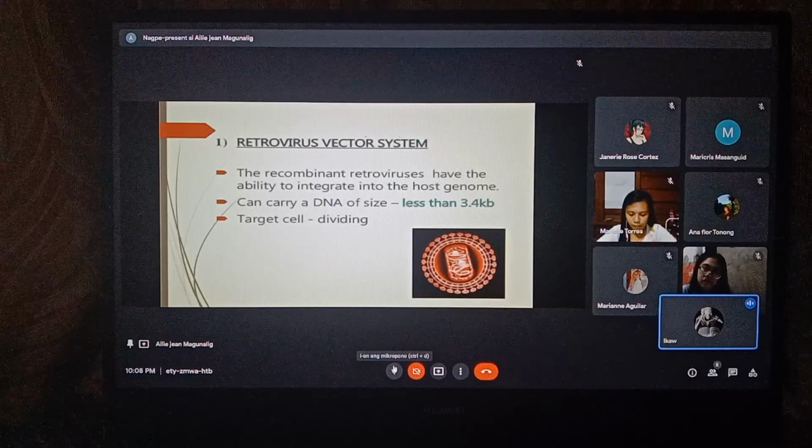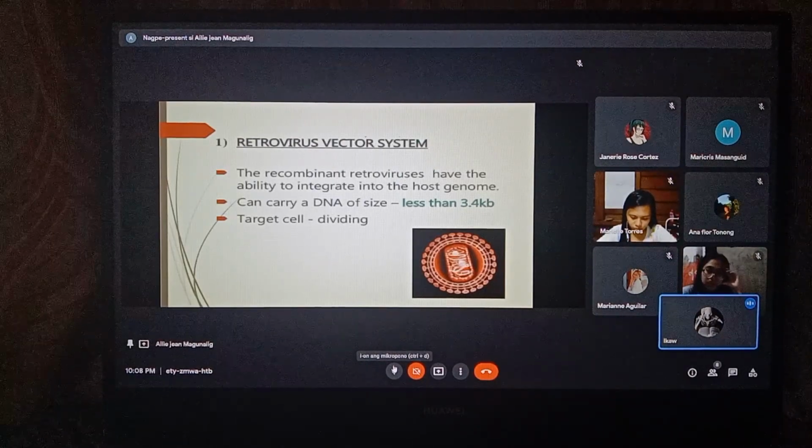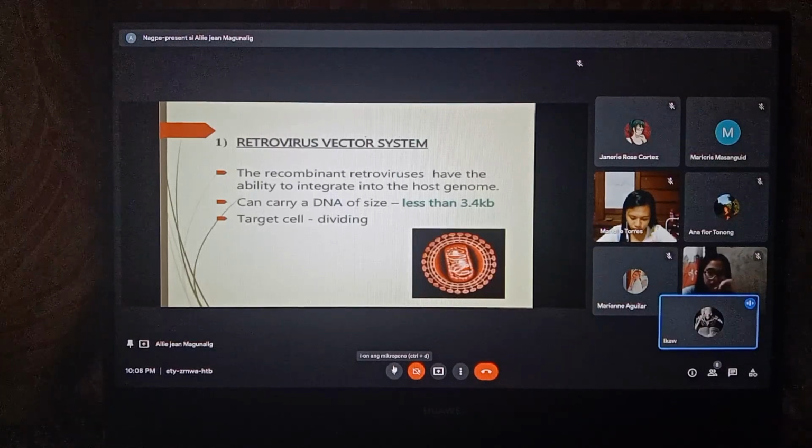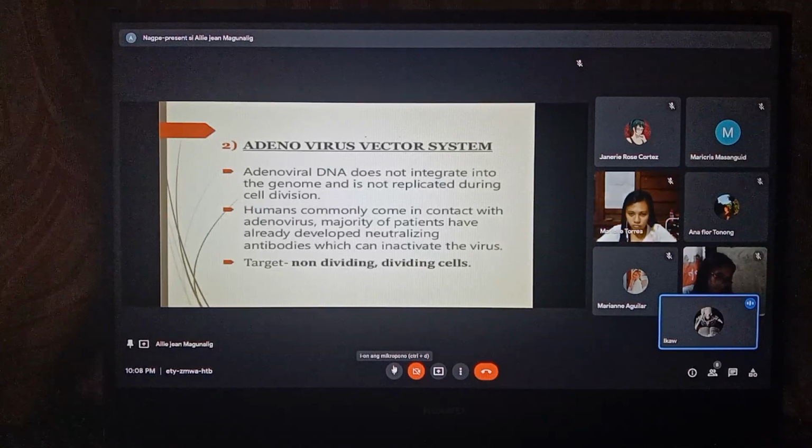So when we say retrovirus vector system, the recombinant retroviruses have the ability to integrate into the host genome, can carry a DNA of size less than 3.4 kb, and target dividing cells. When we say adenovirus vector system, the adenoviral DNA does not integrate into the genome and it is not replicated during cell division.